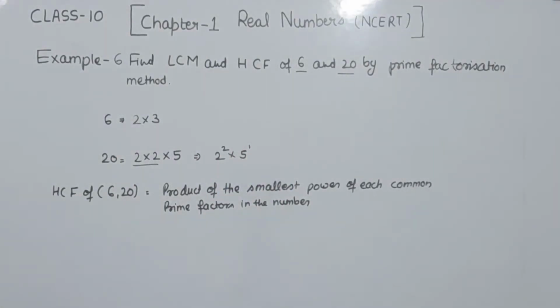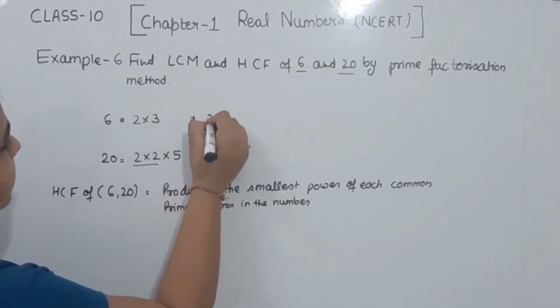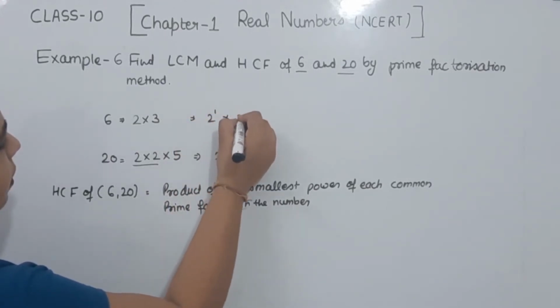Now we have to find the HCF, and it is given that the product of the smallest power of each common prime factor is the number.